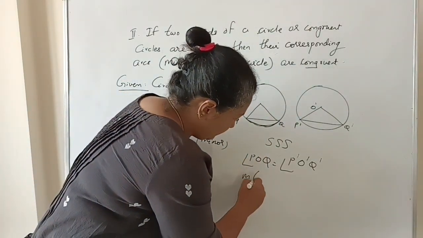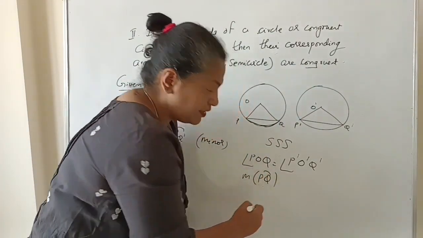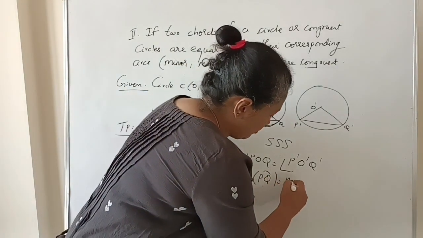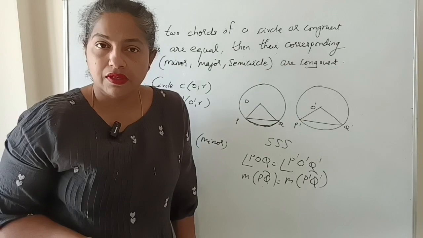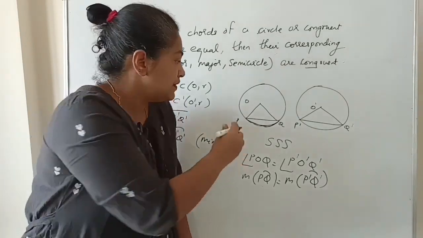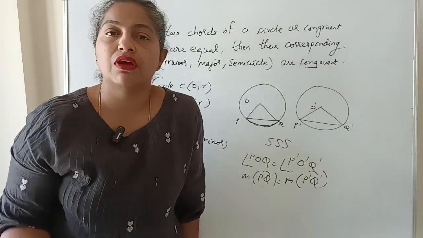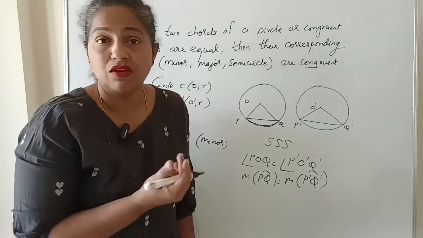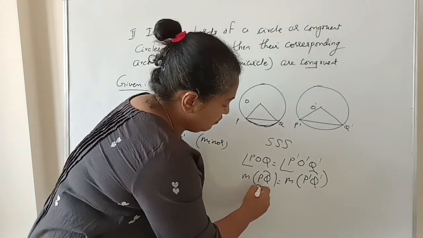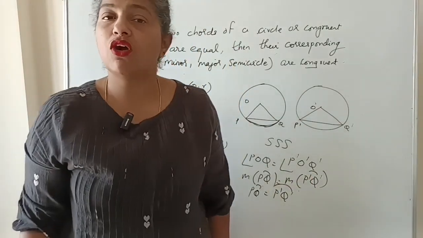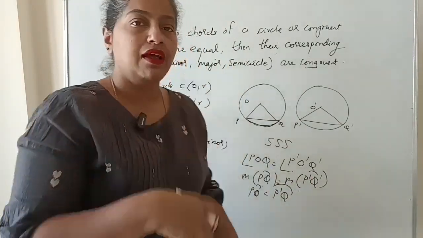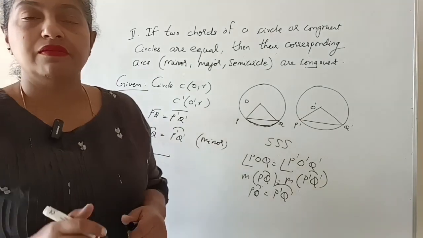So, that is equal to the measure of the arc. Okay. Now, since the degree measure of both the arcs are equal, what can I say about the arc? The arcs are obviously equal. So, arc PQ is equal to arc P dash Q dash. We got our first proof when the arcs are minor arcs.